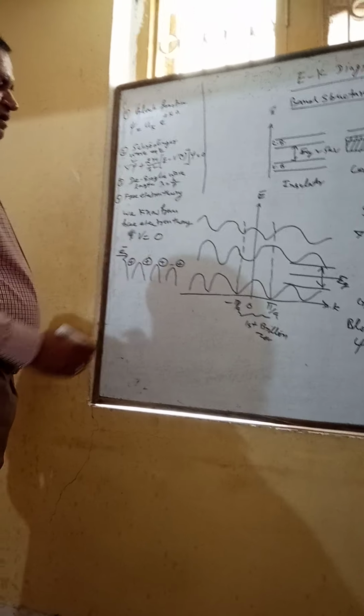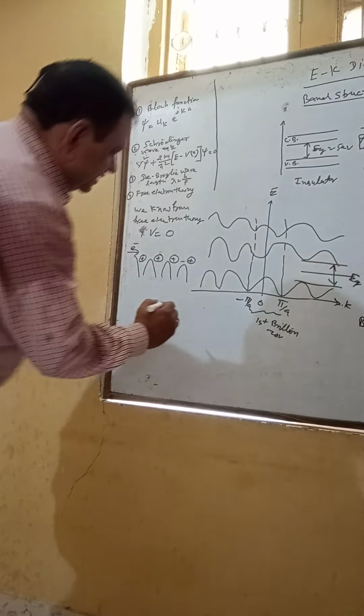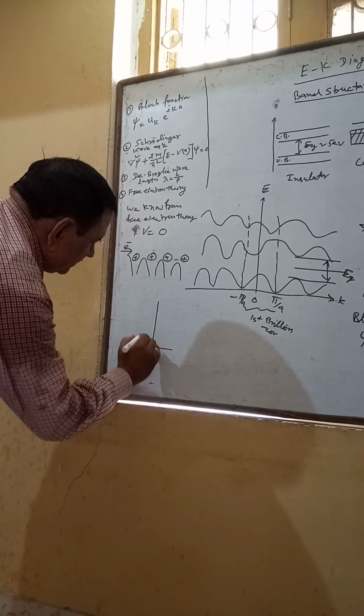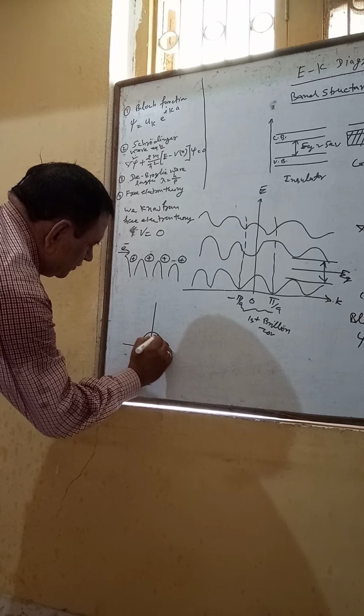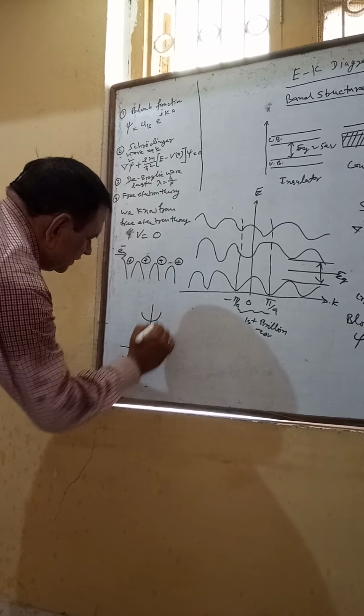What are direct and indirect semiconductors?